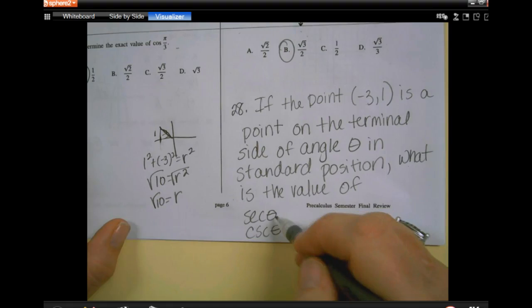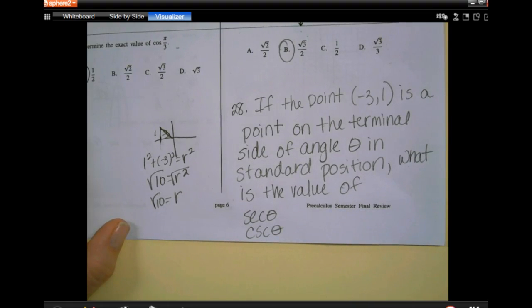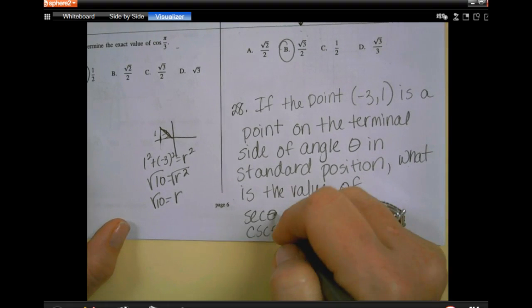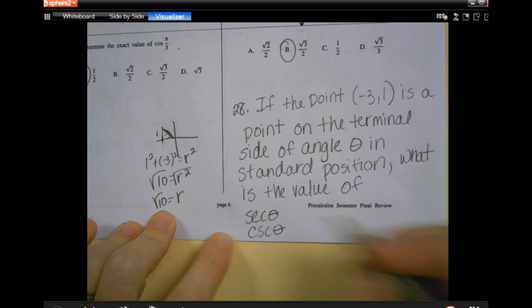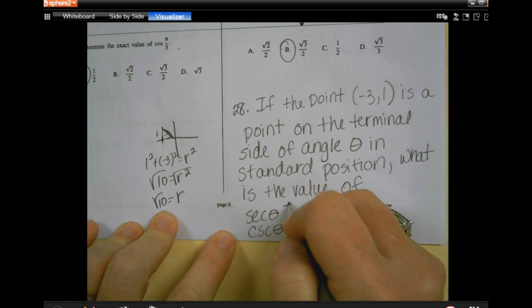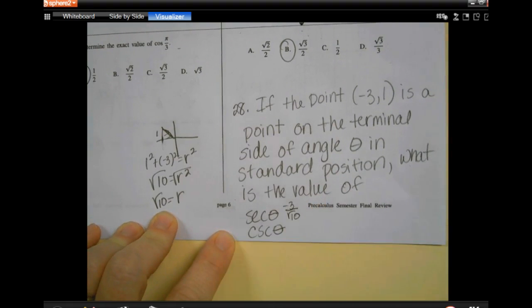So I want the secant and the cosecant. The secant goes with the cosine, right? So it's going to be x over r. So the secant is going to be negative 3 over the square root of 10. And can I leave the square root of 10 on the bottom?